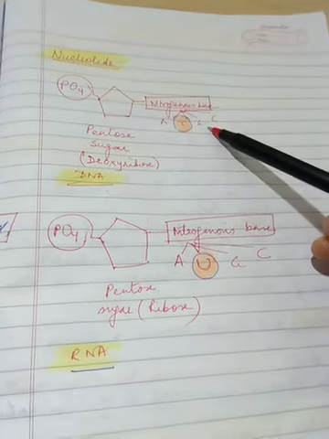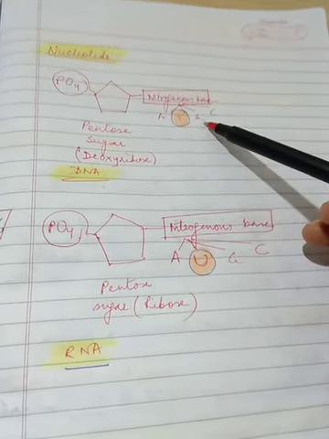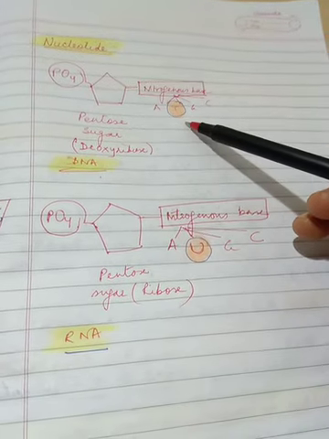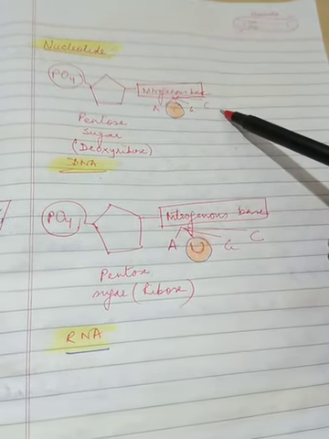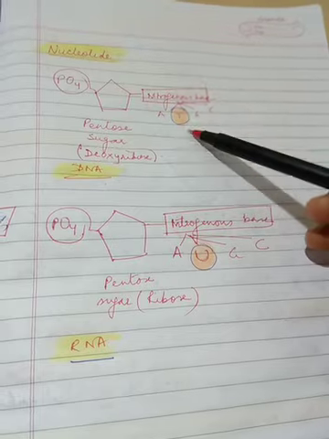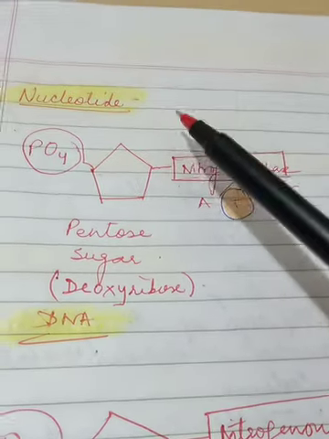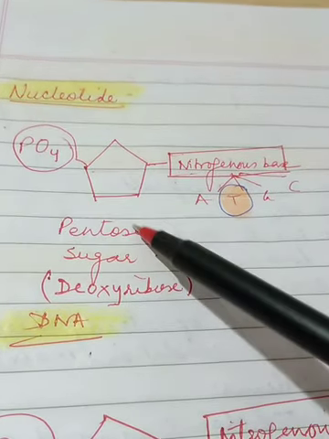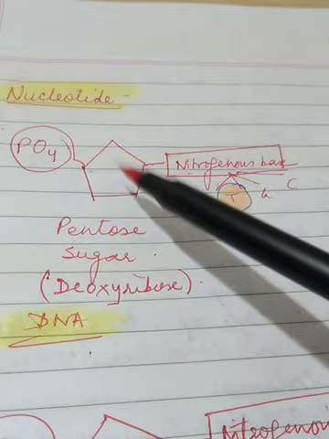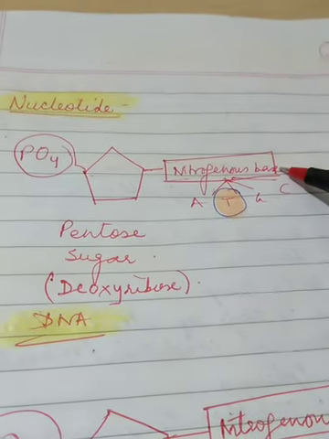What are these four nitrogenous bases? A, T, G, C, that is adenine, thymine, guanine or cytosine. At a time, any one would be present. So in DNA, a nucleotide is three things once again: pentose sugar, which is deoxyribose, a phosphate group and a nitrogenous base out of any four.